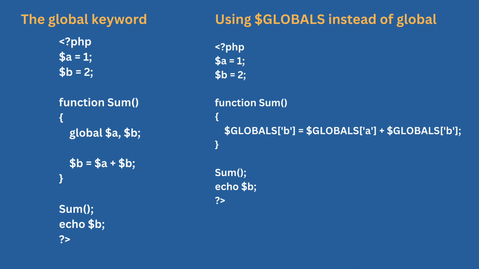Yes, sir. Okay, great. So instead of using this global, we can also use the built-in variables, na? Super global variables. Yeah, super global variables. We can use this also instead of these. So both are the same.